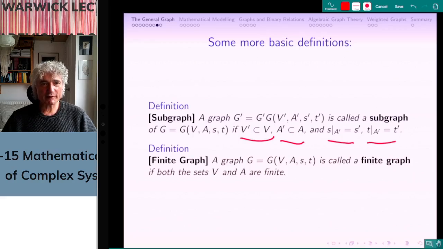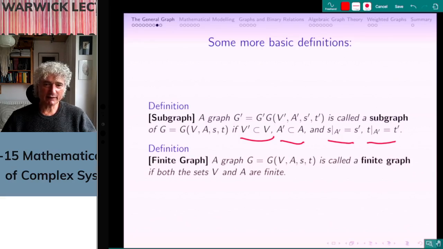Another notion that will be important later in the discussion with respect to network theory is that we usually start with a finite graph. A finite graph is one where the sets V and A are finite.